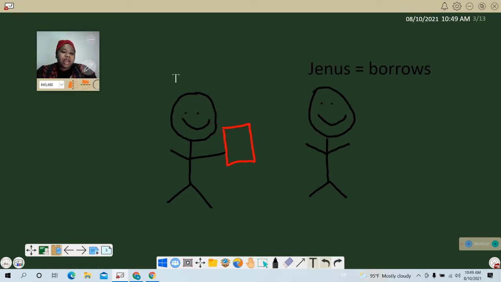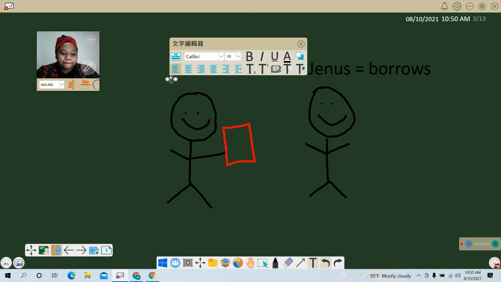Now, if it's CS, do we say CS borrows the book? No, because it's his book. Janus is the one who borrows the book. Now, if it's CS, we say lends.